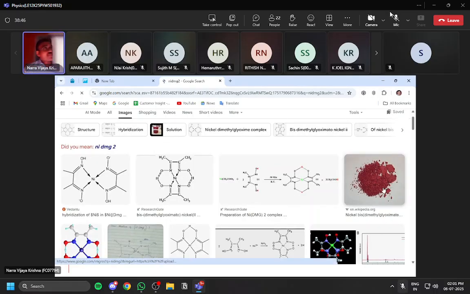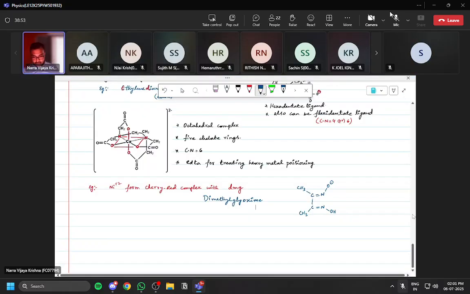Right? Cherry red complex. So glyoximato is a bidentate ligand.